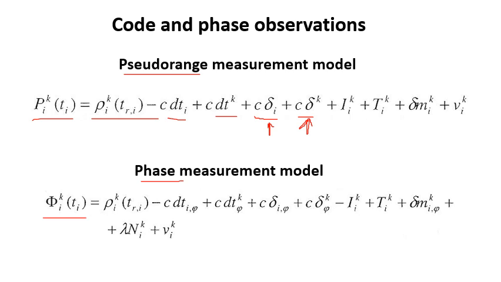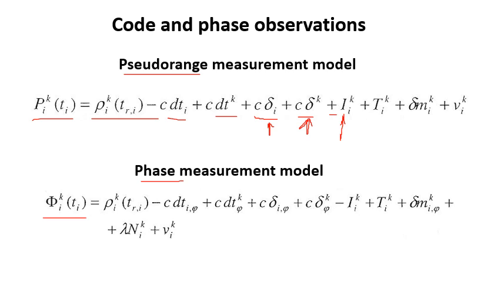And the signals travel through the atmosphere, and two important layers of the atmosphere should be taken into account for the measurement model. In pseudo-range measurements, as you can see, this sign is plus, and you will see later in the phase measurement, this sign will be negative. And this error is called the ionosphere error.